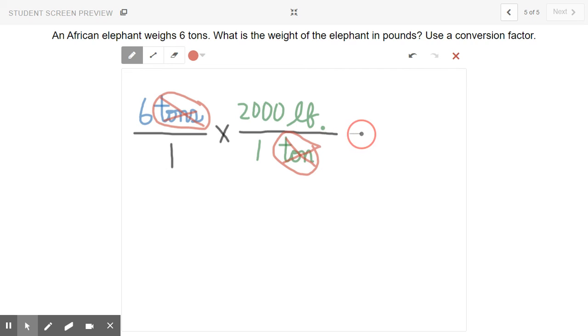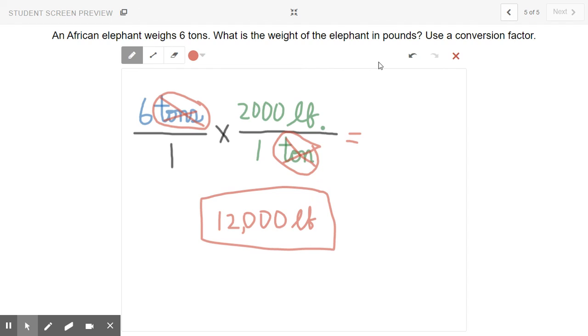And then we could just multiply to get the answer because there's nothing you could simplify early. 6 times 2,000 is 12,000 over 1, which is just 12,000. So the answer is 6 tons equals 12,000 pounds. Now, putting a comma there, feel free to go back and try any of these problems again.